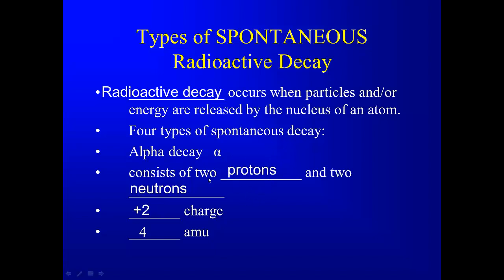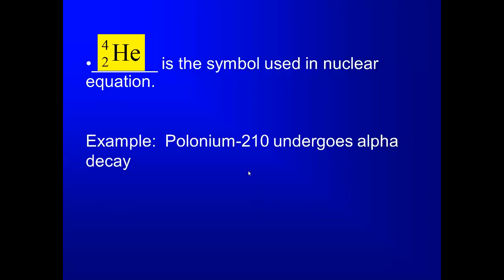Your skin, though, protects you from alpha decay. If we look at this, it really is just a helium nucleus, or nuclei, because we do talk about more than one. We're not worried about electrons in there. It's only focusing on 2 protons, 2 neutrons.